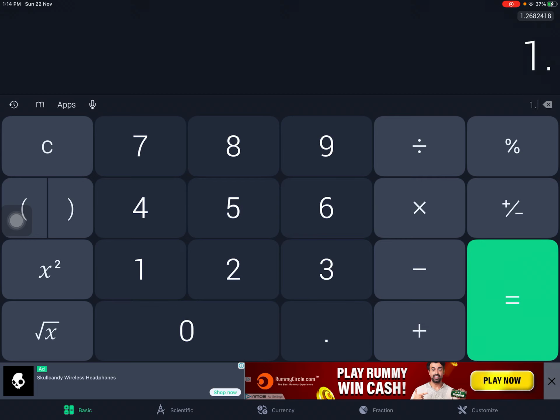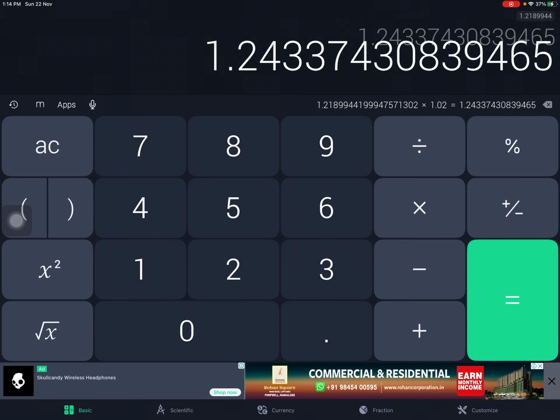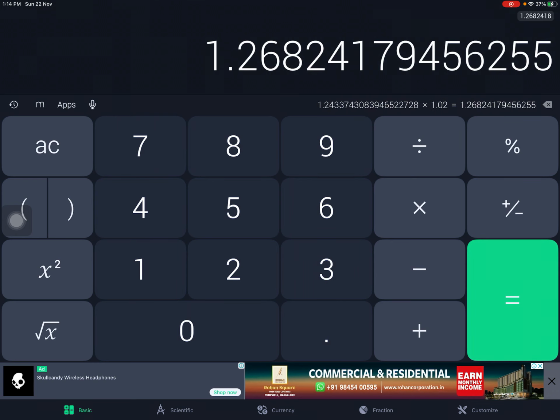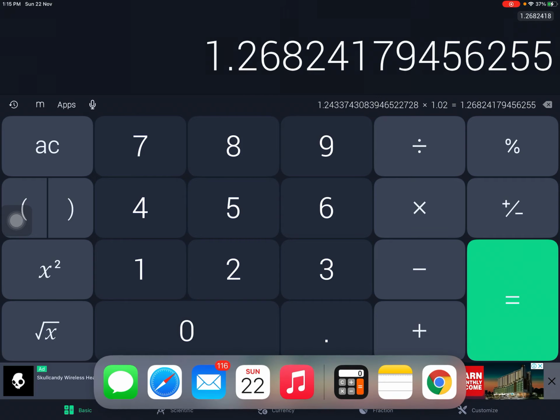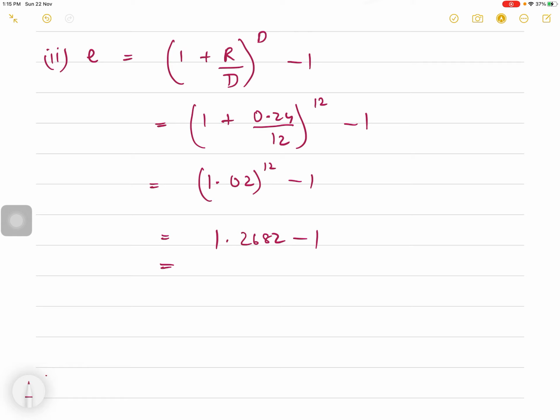I'll check again. 1.02 raised to 12, so it comes to 1.2682. Okay, minus 1. So 0.2682 or 26.82%.